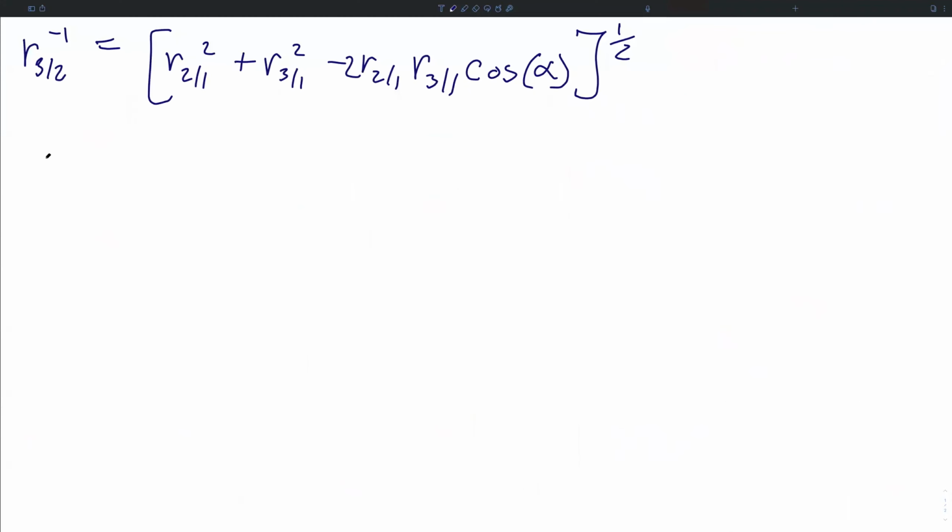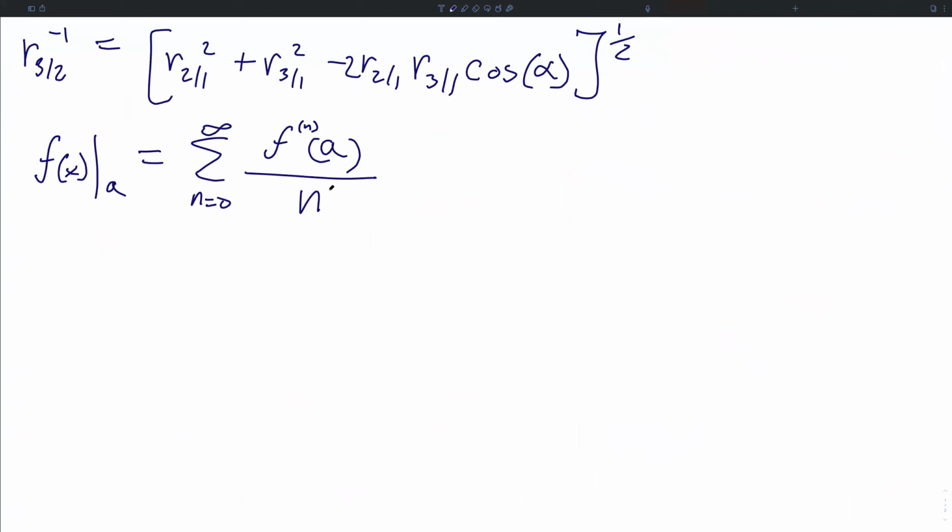Remember that in general, a Taylor series expansion of some function f of x about a point a is given by the infinite summation over index n equals 0 to infinity of the nth derivative of the function evaluated at a, divided by n factorial, times x minus a to the nth power.